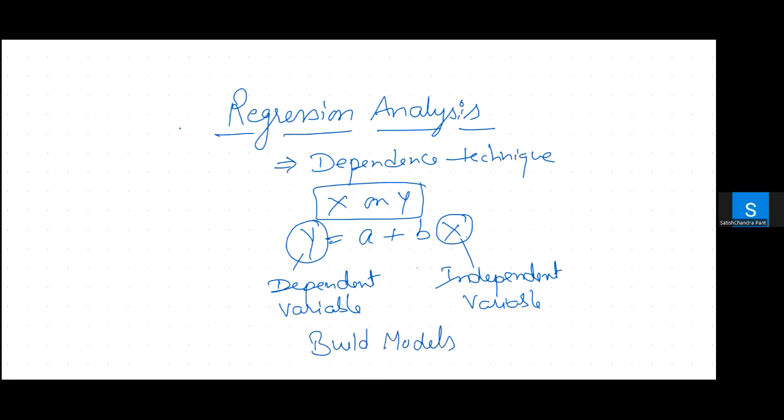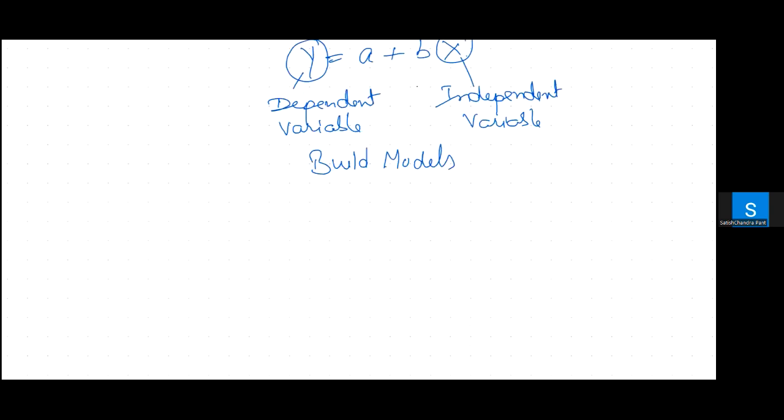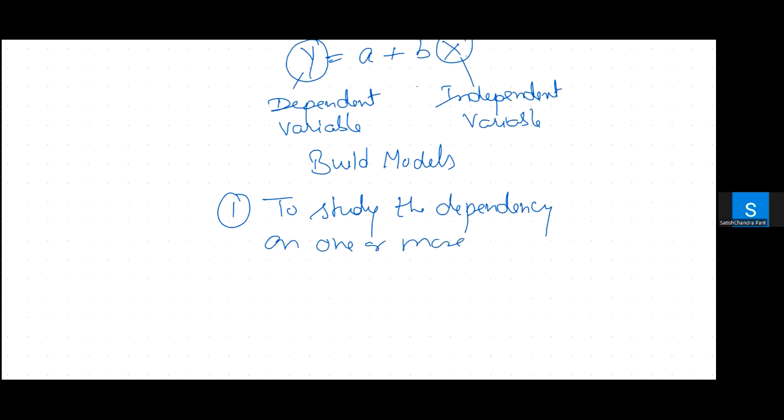Number one, to study the dependency of one or more variables on the predicted, criterion, outcome, or dependent variable.